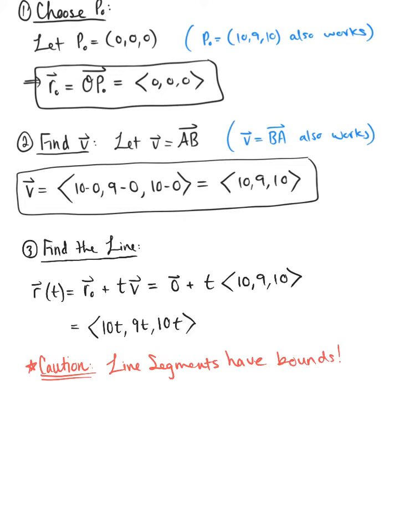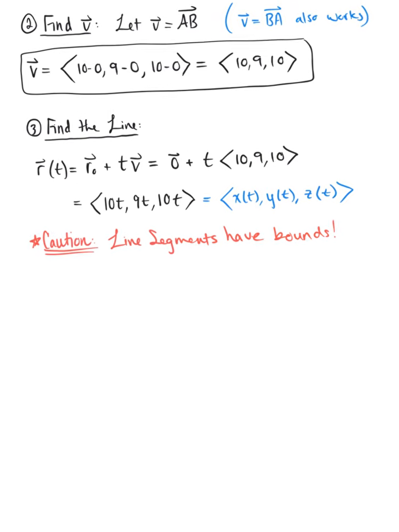Keep in mind, looking up at our previous step, we have the vector valued equation of the line. So this is your x of t, y of t, z of t. We are going to use this with the 2 initial points that were given to find the bounds. So we need more room.